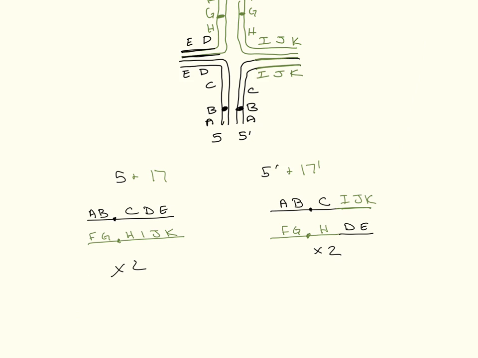So you'll get two cells that have a normal copy of chromosome 5, a normal copy of chromosome 17, and then two cells that have the translocation of chromosome 5 and the translocation on chromosome 17. But you'll see that in these gametes that have this combination, you end up with a full complement of segments from chromosome 5 and a full complement of segments from chromosome 17.